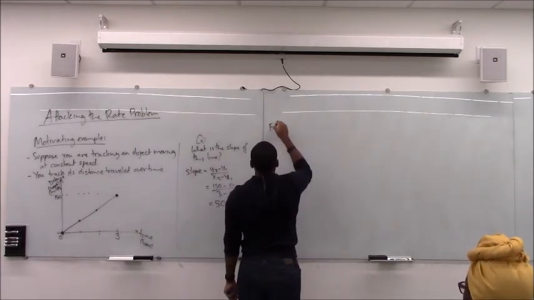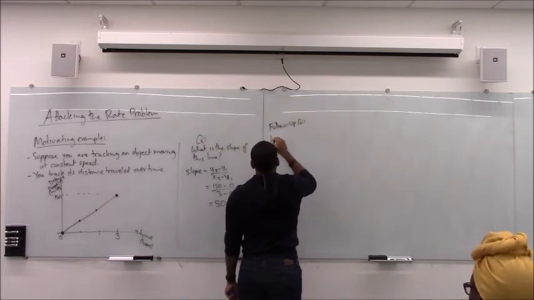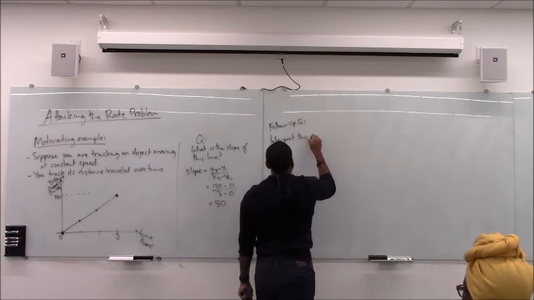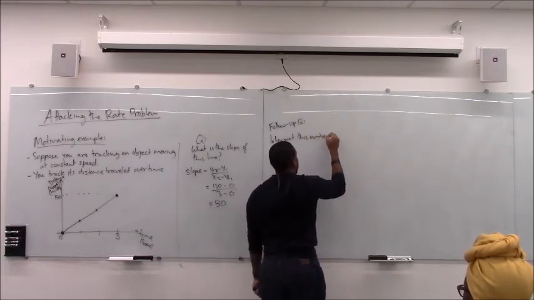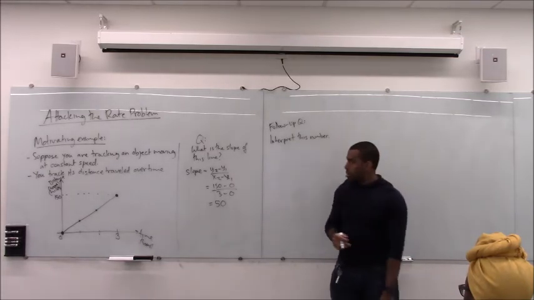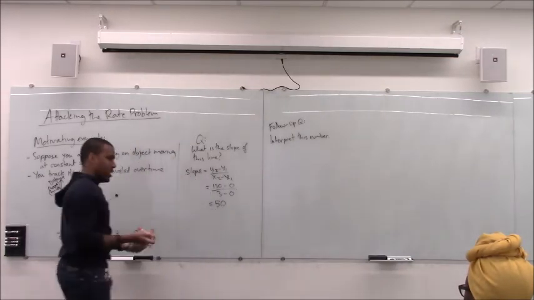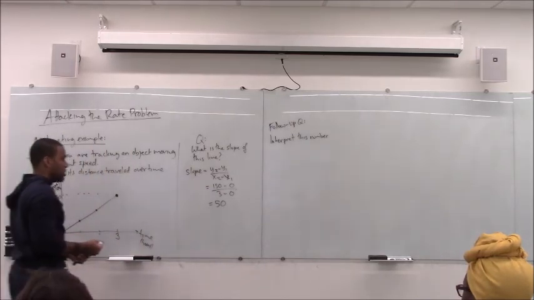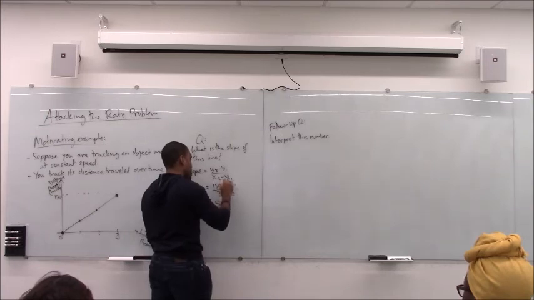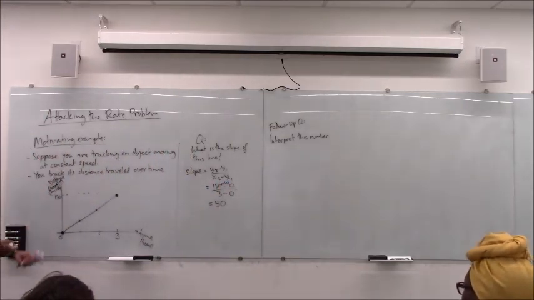Where are you going with this? Okay, follow-up question. Interpret that number. What do you think that 50 means? 50 what? Yeah? Miles per hour. Now, of course, I wanted to make the units very suggestive, but this 150 isn't just a random 150. It's measuring 150 on the axis that's measuring miles.